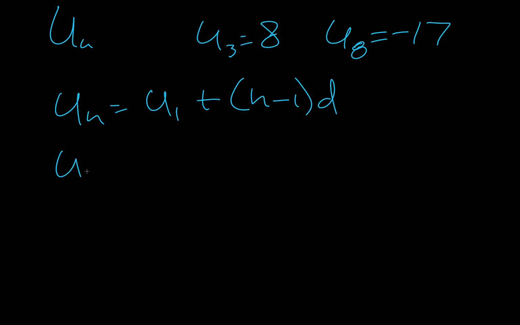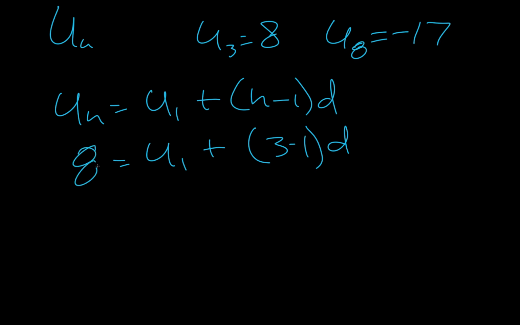So we have u3 is equal to u1 plus n, which would be 3 in this case, and then times d. And we know what u3 is, so we can actually just replace u3 with its value, which is 8.